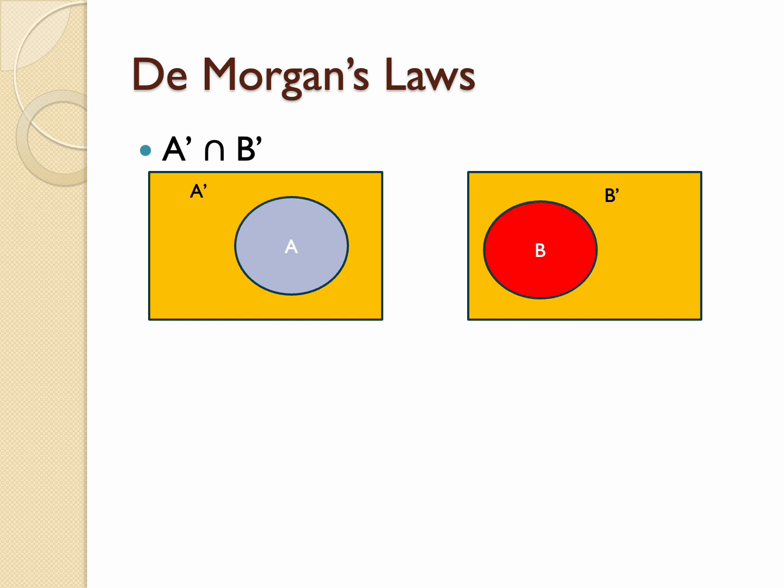Now, we have to draw their intersection, so we have to bring them together in the same diagram. So let's see what A complement intersection B complement is. Well, it is a space that is neither in A nor in B. Therefore, it is a common space outside both A and B.